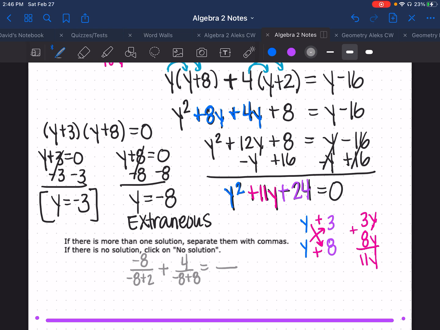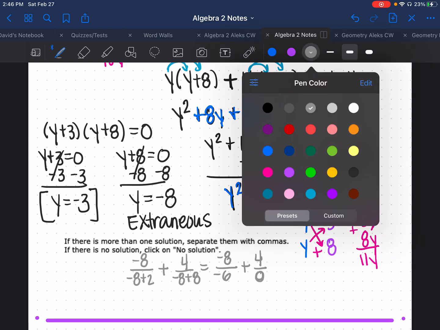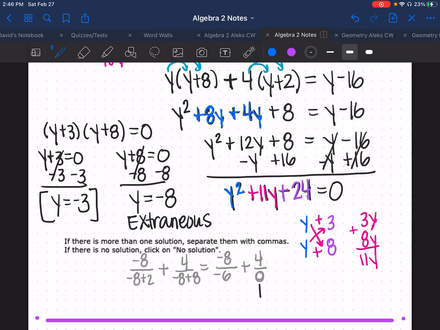And so we showed that it was -8 over -6 plus 4 over 0. And this is the one right here. This is the reason that we are extraneous. This is what made us extraneous. The 0 right there. Can't happen.